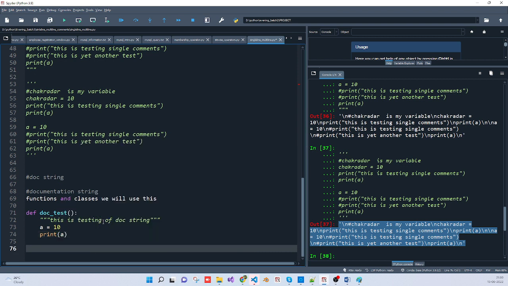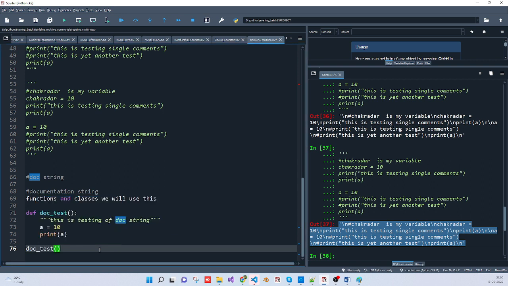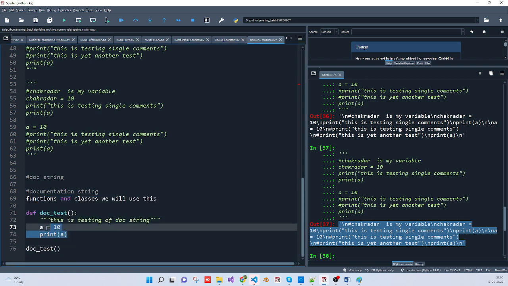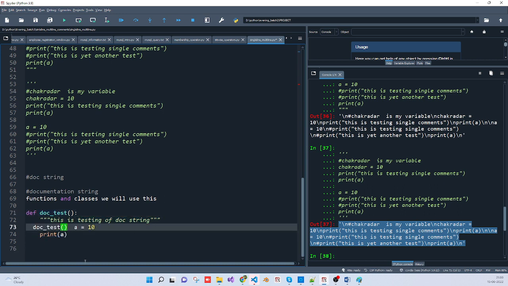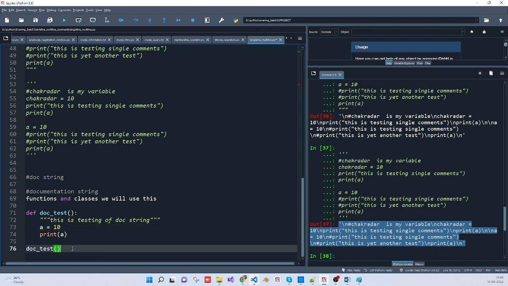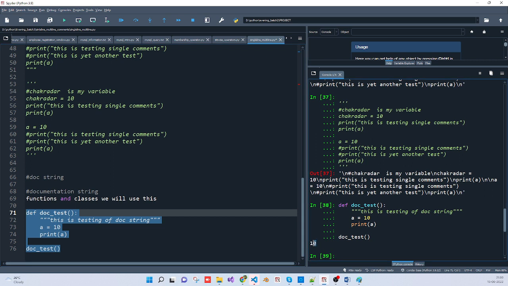I will explain functions later, don't worry. Now observe the code only. This is a function definition, and this is a function call. Now observe the output. I got 10 as the output.